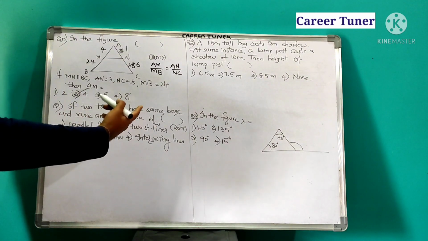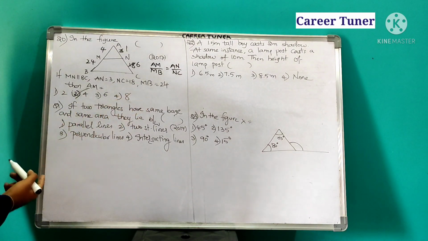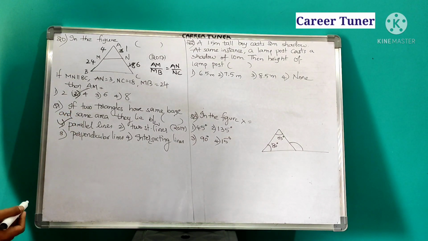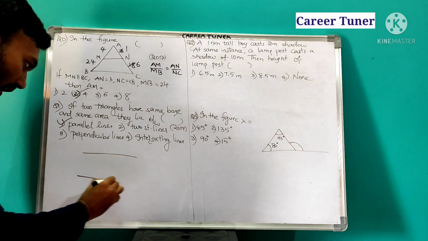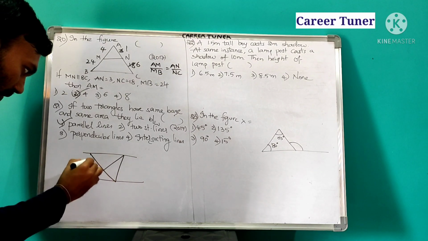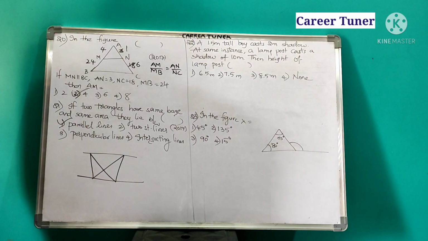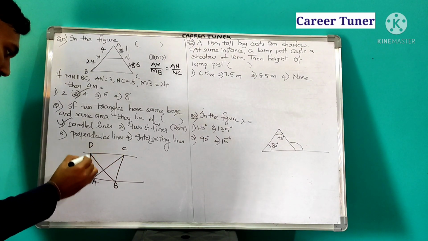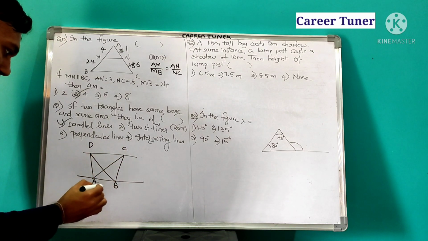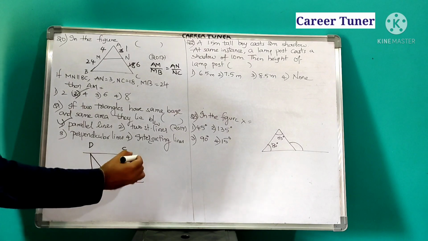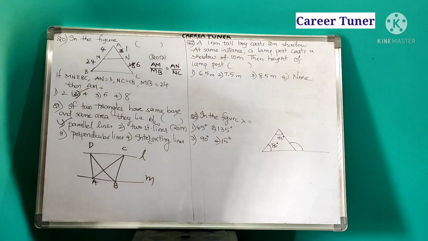Next, if two triangles have the same base and the same area, then they lie between two parallel lines. Remember the condition. Okay, if you take two parallel lines and these are two triangles. Now let this be A, B, this is C and D. Now triangle ABC and triangle ABD are on the same base AB and in between two parallel lines L and M. Then what happens?